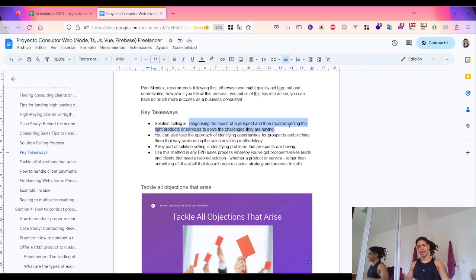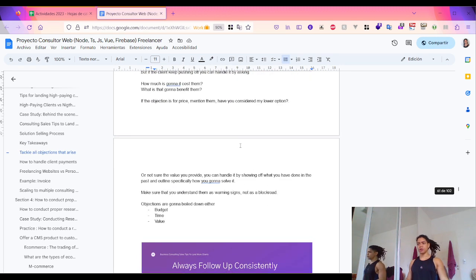They are diagnosing the need of a prospect, and this huge variety of people are using the solution selling process: diagnosing the need of the prospect, and then recommending the right product or service to solve the challenge they are having.